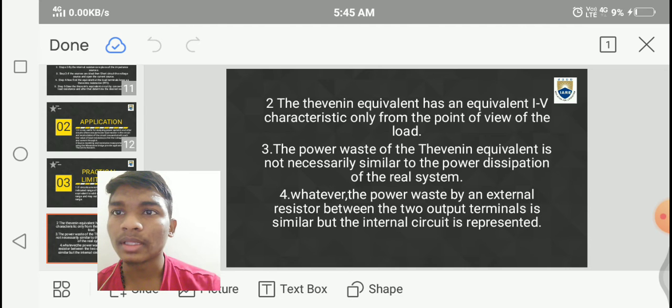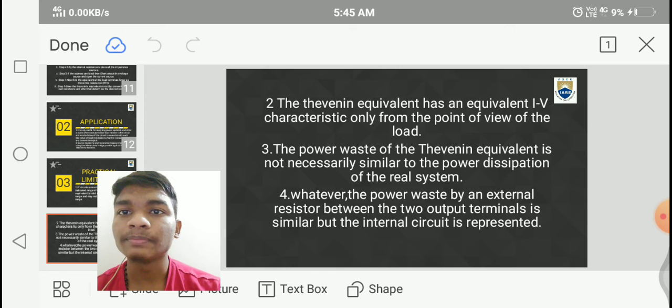The Thevenin equivalent has an equivalent IV characteristic, that is current-voltage characteristic, only from the point of view of the load. The power dissipation of the Thevenin equivalent is not necessarily similar to the power dissipation of the real system.